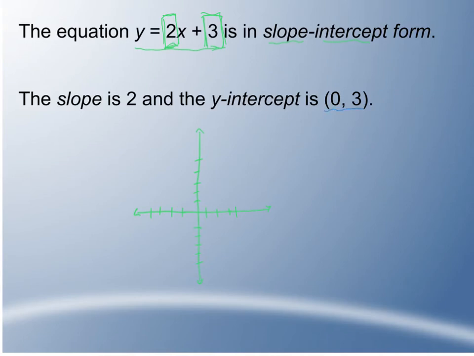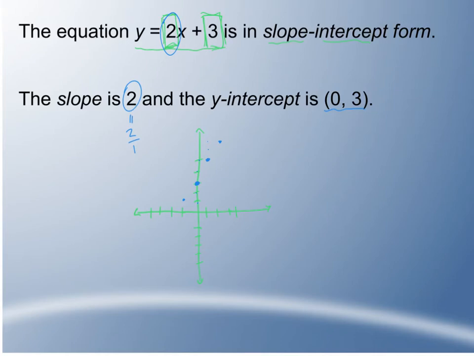You start at the y-intercept, over 0, up 3, and then we use the slope of 2, which equals 2 over 1, to rise 1, 2, and run 1. Rise 1, 2, and run 1. And I can go in the opposite direction, fall 1, 2, and run backwards 1.